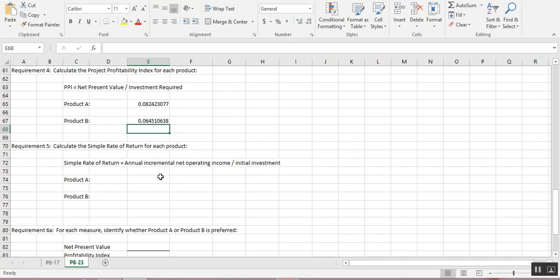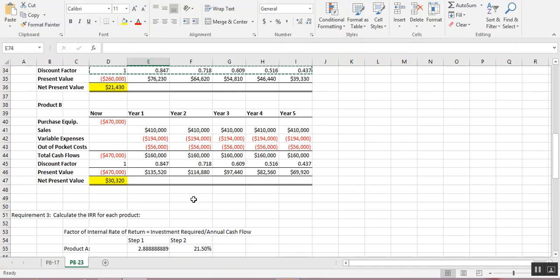Requirement 5, calculate the simple rate of return. We're going to look at the annual incremental net operating income divided by the initial investment. I think I didn't leave enough lines here, so we'll probably have to add some. So our annual incremental net operating income was all the way back up here.